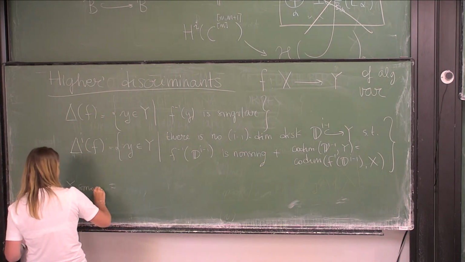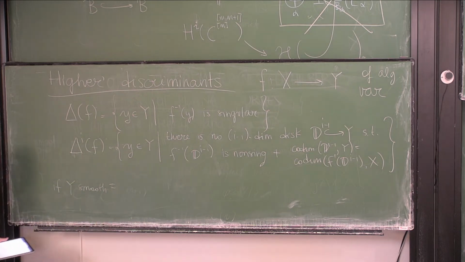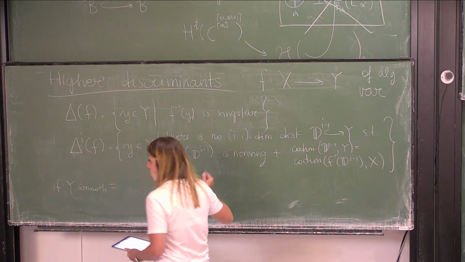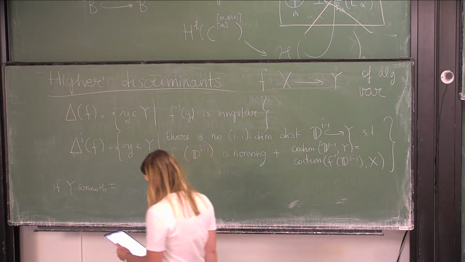If Y is smooth, then it's much easier. It's the case when they become more useful, because we can characterize this transversality condition of the disk in terms of tangent spaces.